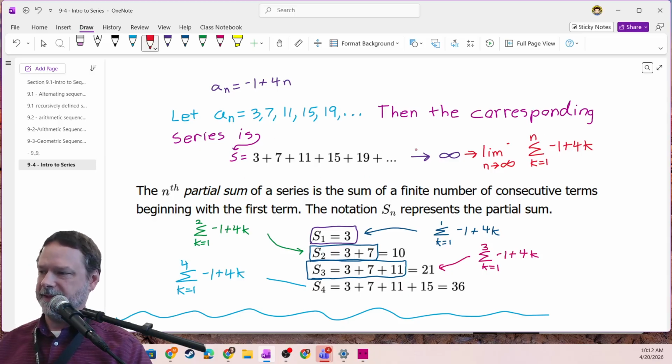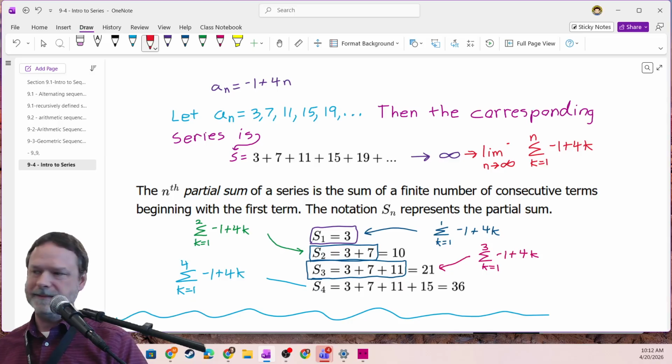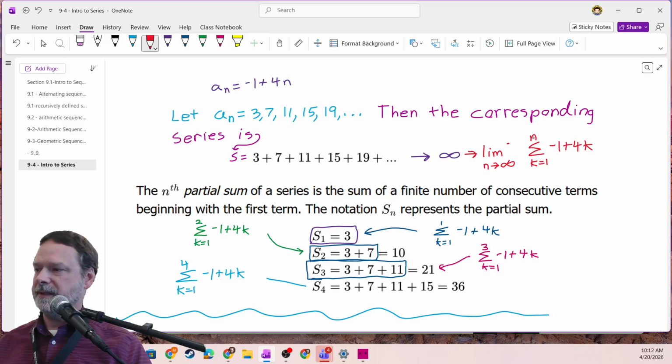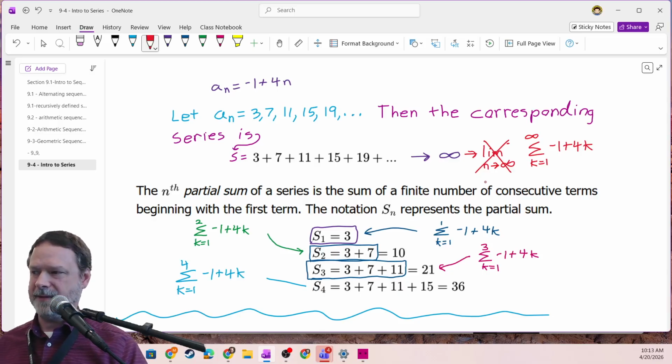That's the infinite series. We have to go from 1 to n, since it's not ending, and then say we're going to let n approach infinity out in front. An improper way to do it would be to erase the n here and just write infinity. That's not the right way to do it, but it would still get the point across.